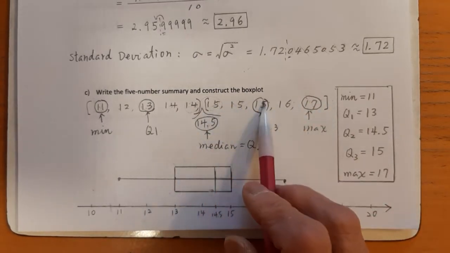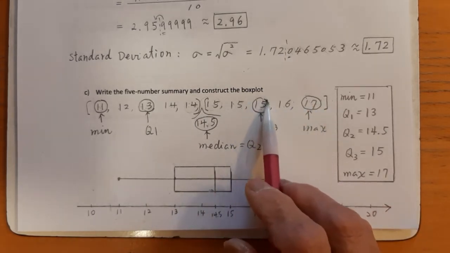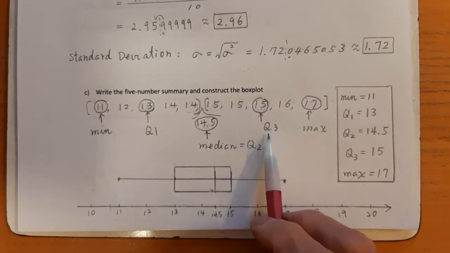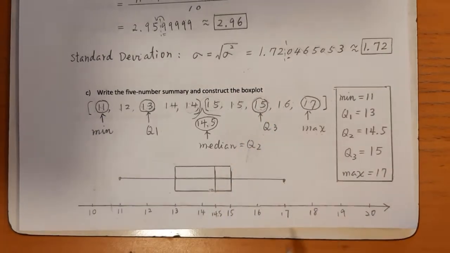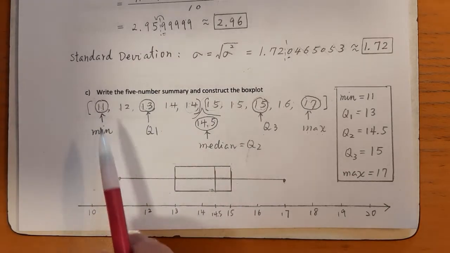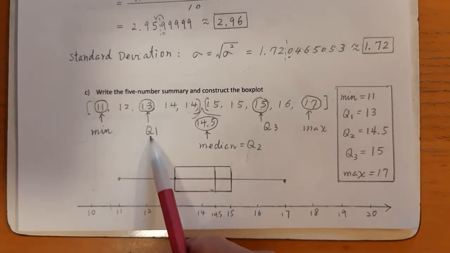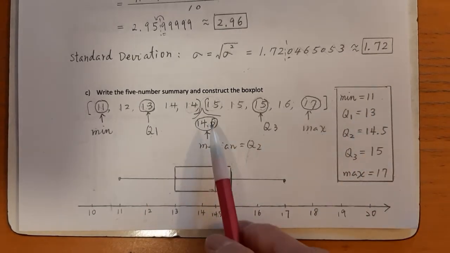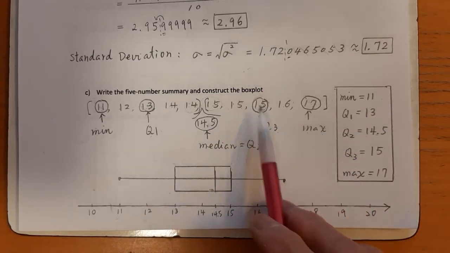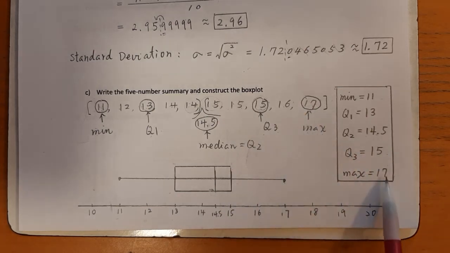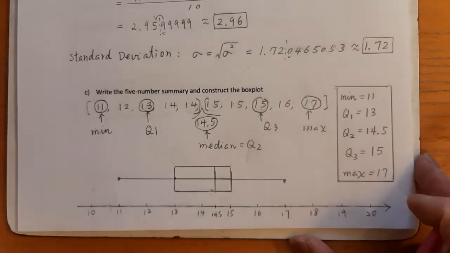Median is 1, 2, 3 from left, and from right 1, 2, 3. So this one is the median, and we call it the third quartile. Now the 5-number summary is: minimum 11, first quartile 13, second quartile 14.5, third quartile 15, maximum 17, a total of 5 numbers. This we call the 5-number summary.